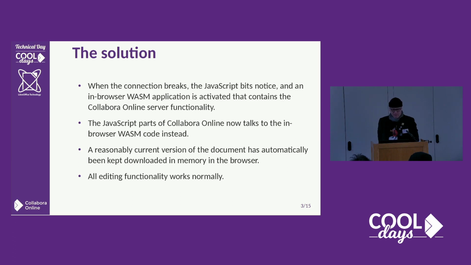And also the idea is that the current version of the document has been downloaded in the document format, that it is not bitmaps as normally just for showing. And all editing functionality works as before.